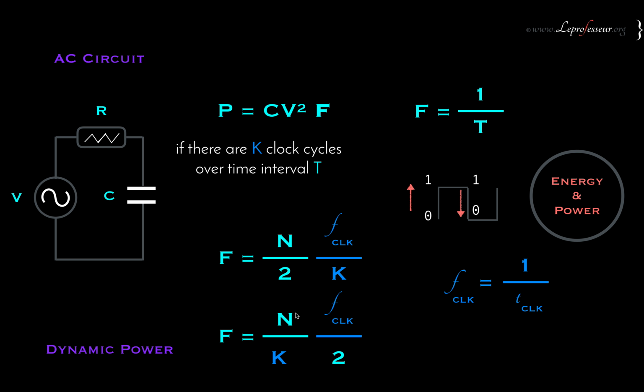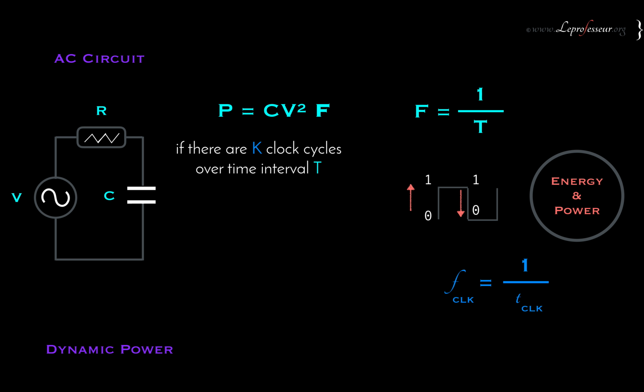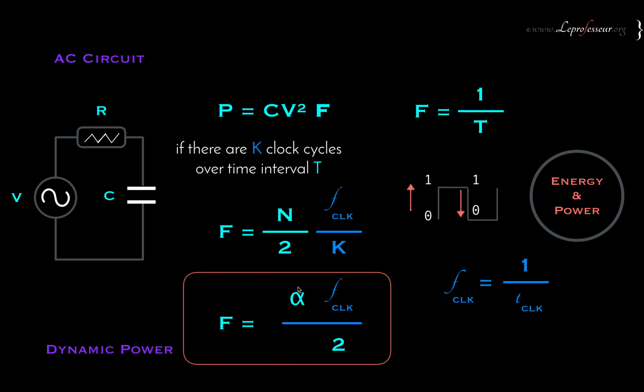Now in this equation, n is a variable, k is a variable. So we can collectively term this n divided by k as alpha, and that alpha would become our activity factor. This is the equation for f: activity factor times clock frequency divided by 2.